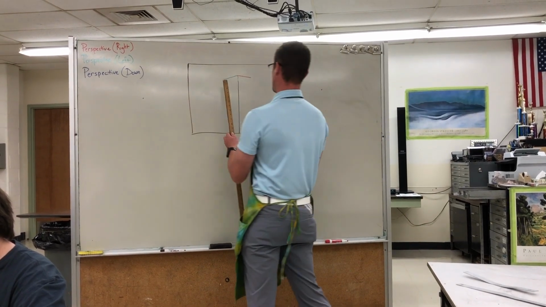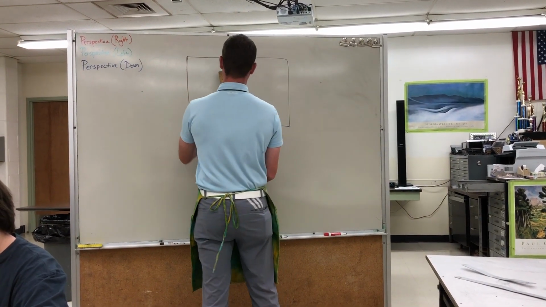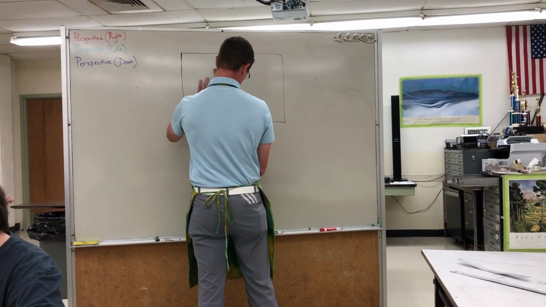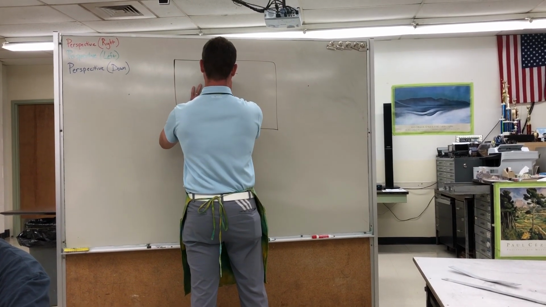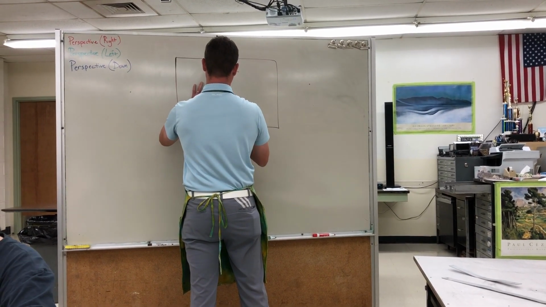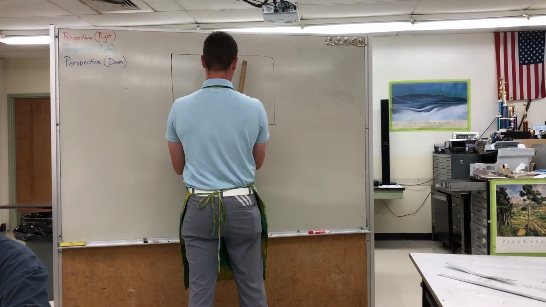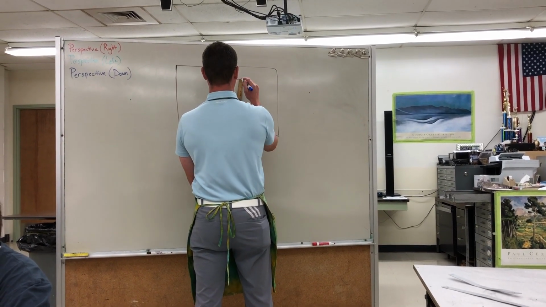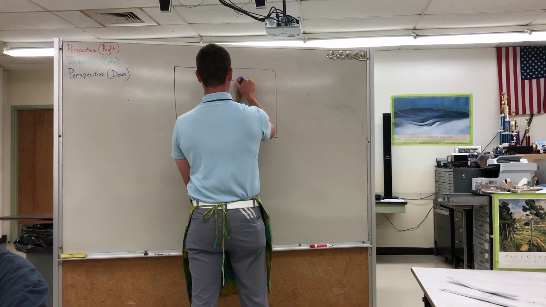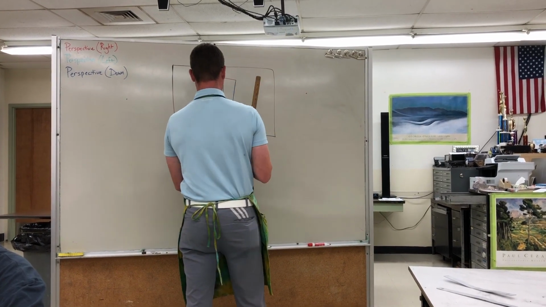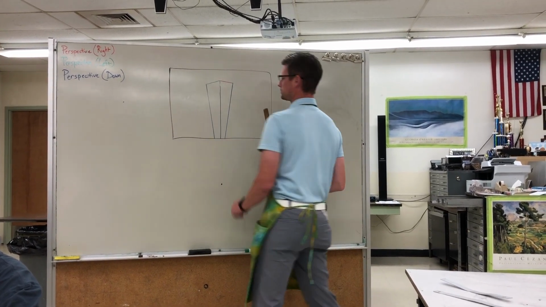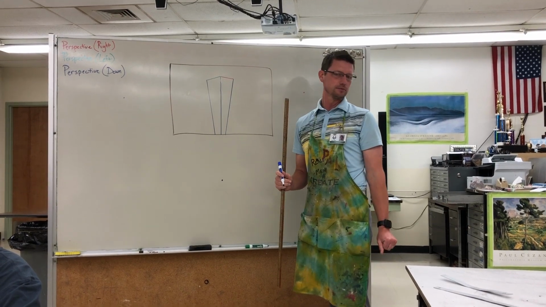The only difference now is that instead of vertical lines, you're going to be running a perspective line. So it's going to get narrower as it gets closer to that perspective point. Okay? So it's going to look something like that. All right, you guys with me?